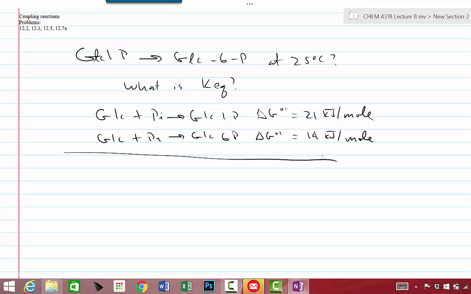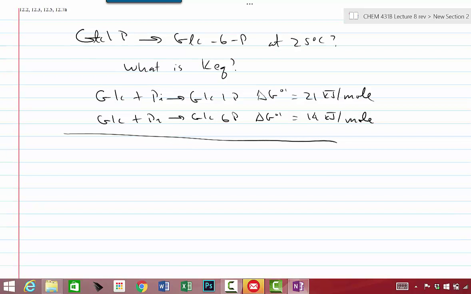We can couple these reactions so that we get glucose 1-phosphate going to glucose 6-phosphate. Let's see how we can do that. All we have to do is basically reverse chemical equation number 1. So that's going to be glucose 1-phosphate goes to glucose plus inorganic phosphate, and the delta G value now gets reversed, so that's minus 21 kilojoules per mole.